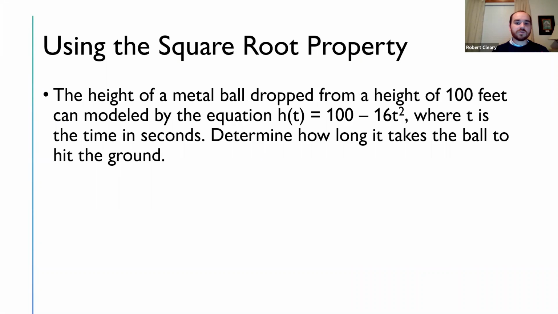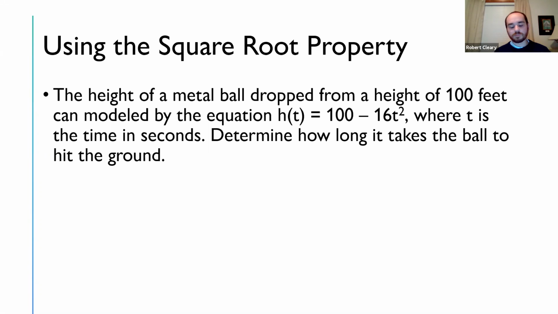But we can use it in equations like this that are going to be significantly more useful. This is a problem that says the height of a metal ball dropped from a height of 100 feet can be modeled by the equation h of t equals 100 minus 16t squared, where t is the time in seconds. We want to determine how long it takes the ball to hit the ground.